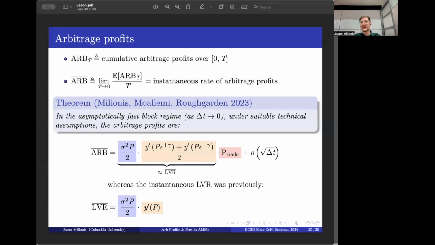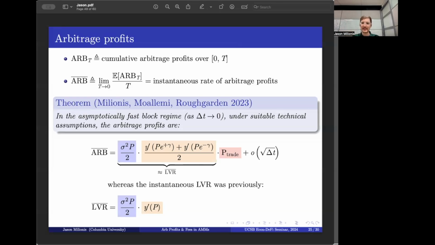And so our theorem in this paper is that in the asymptotically fast block regime, so as block times go to zero, and under some not so interesting, I would say, technical assumptions, the rate of arbitrage profits that you get is roughly the instantaneous lever that you had before times the probability of trade.